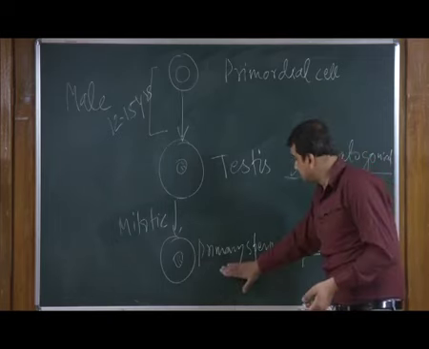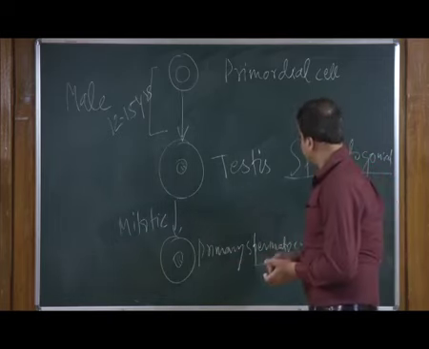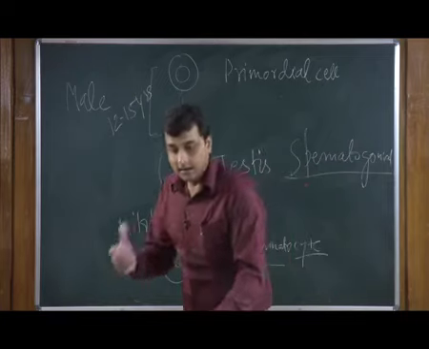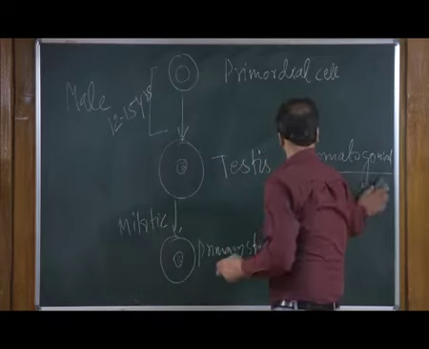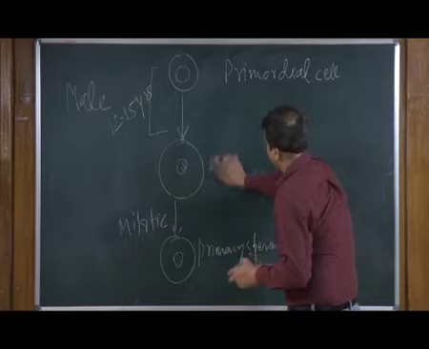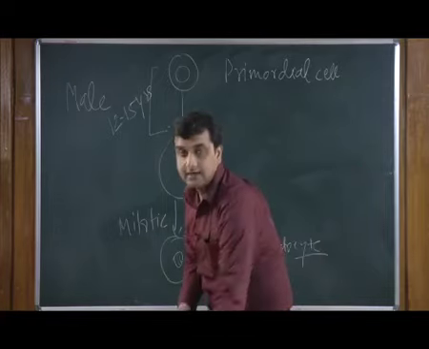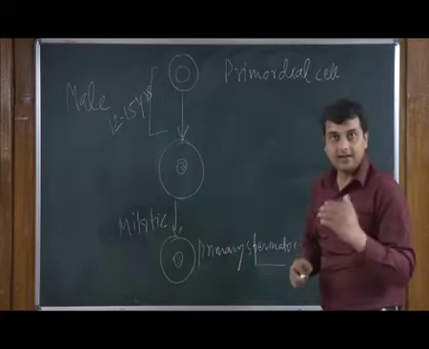So, this primary spermatocyte is now starting a reductional division. So, I will just delete this part, so as to create some more space and then we will see it in the form of a diagrammatic representation.